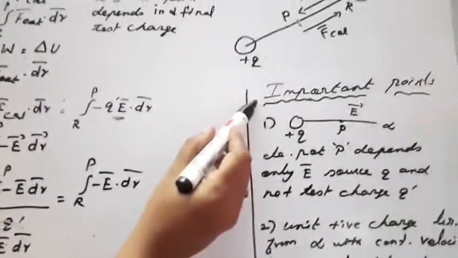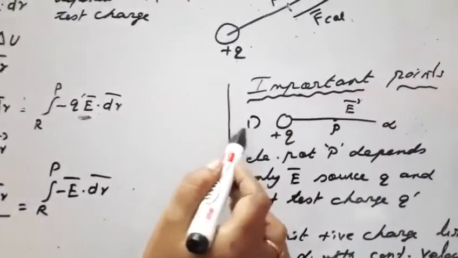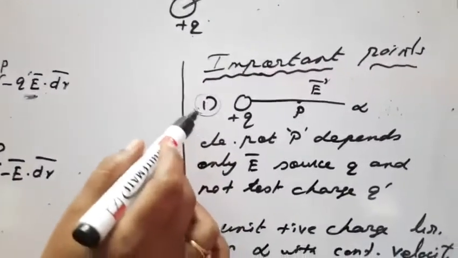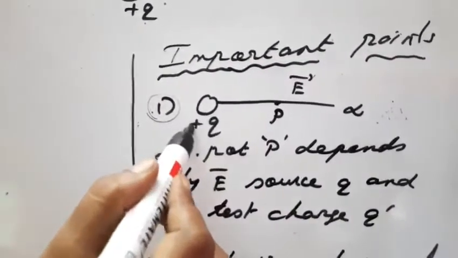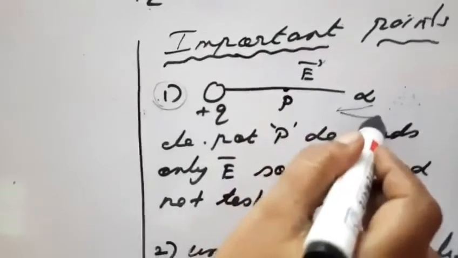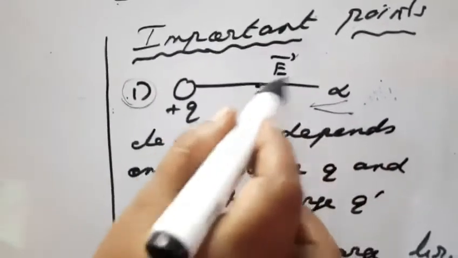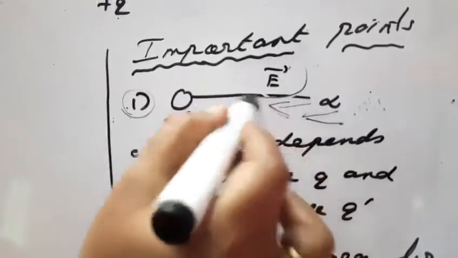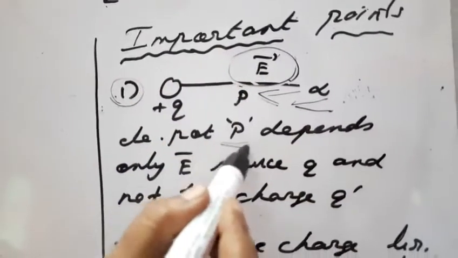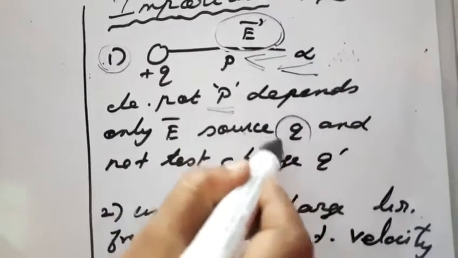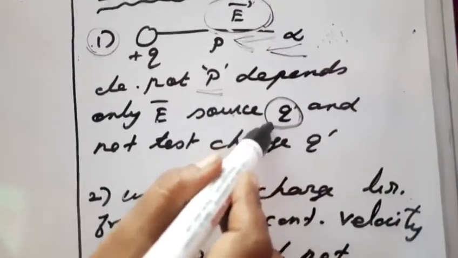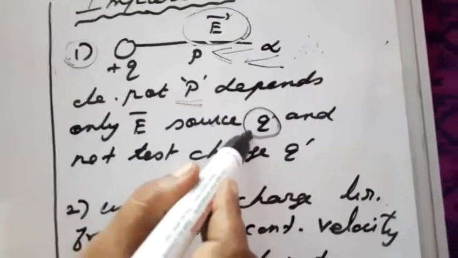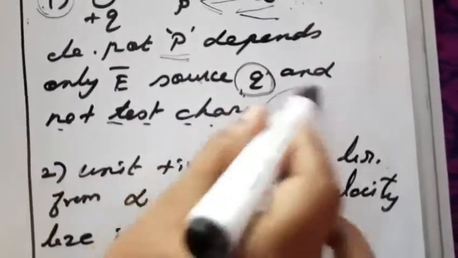Next, some important points about electric potential energy and electric potential. Take a charge plus q, and on the opposite side infinity is there, and we bring the charge to that point P. Here the electric potential at point P depends only on the electric field due to the source charge q and not the test charge q dash.